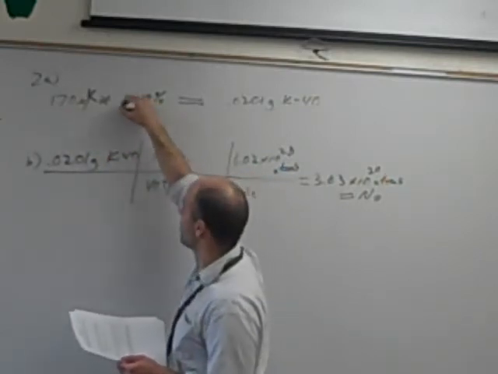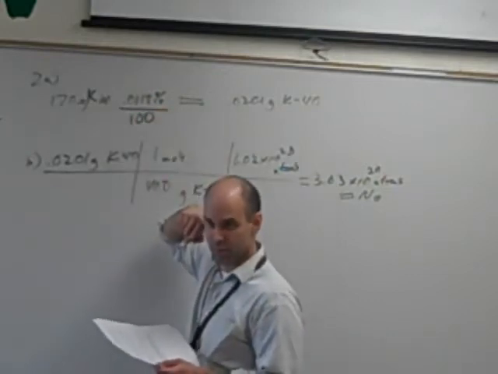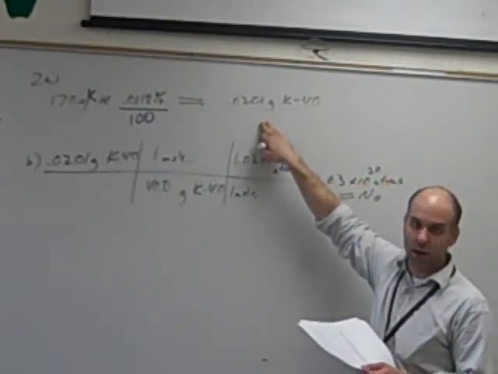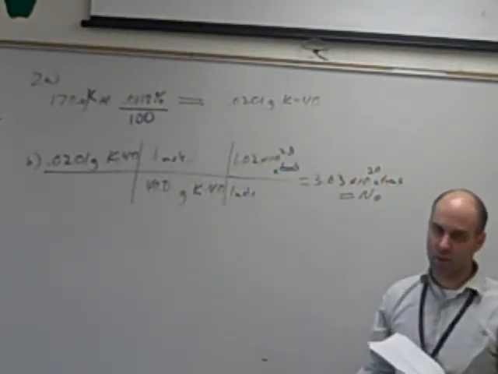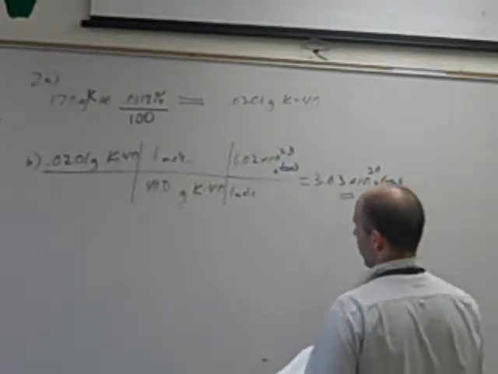But remember, Matt, you must divide your percent by 100. So if you do this, then you will get that answer. And that is the amount of radioactive potassium in your body, about 0.02 grams. Not a lot, but enough to detect with a Geiger counter.